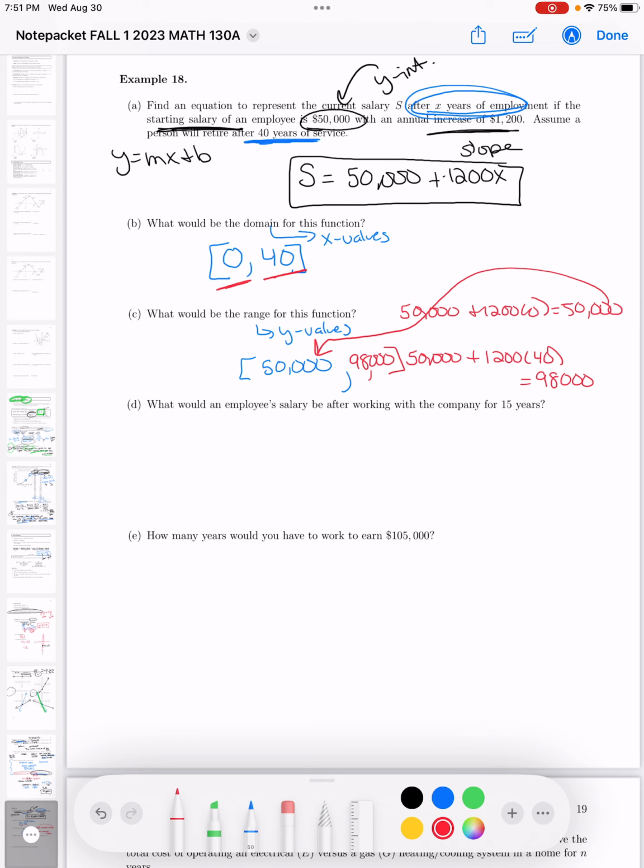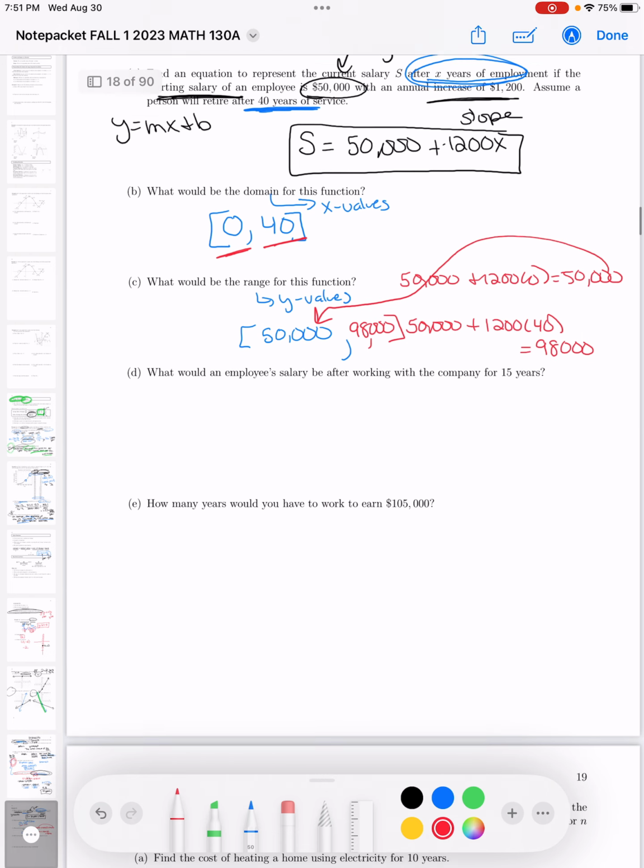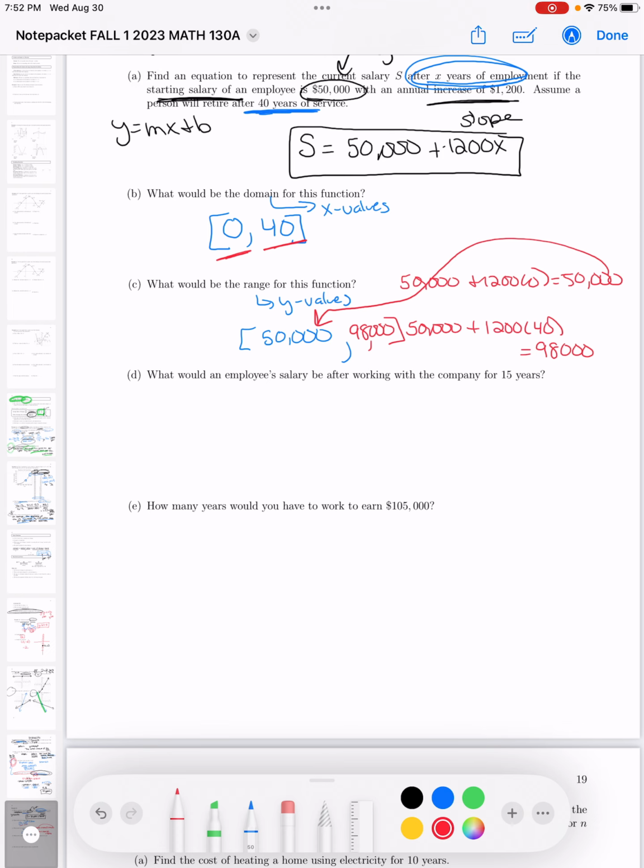So what I want you to do is pause the video and see if you can work these out. One of these, you just have to plug in a number, type in your calculator, you're done. That's the easy one, like C right here. And then one's going to be the harder way, D, down here, where you have to solve for a variable. So pause the video and see if you can give D and E a shot.